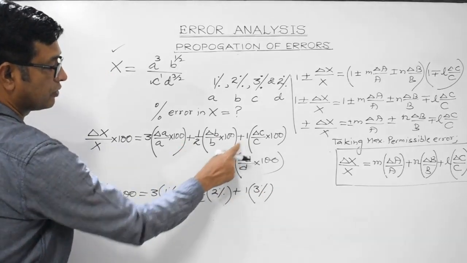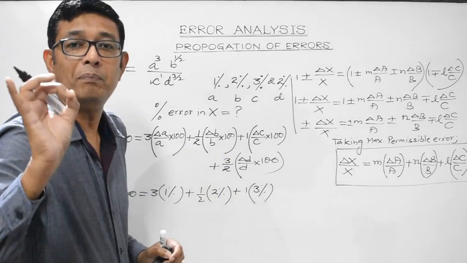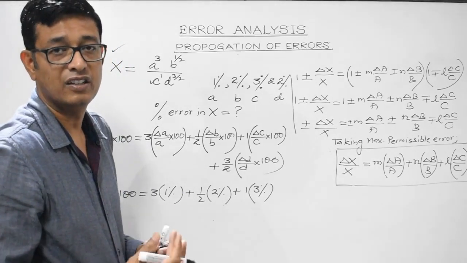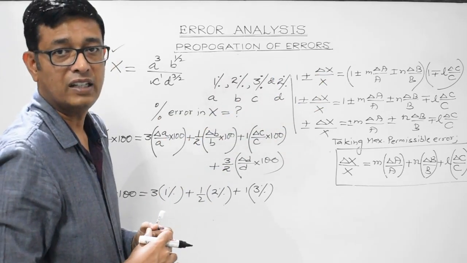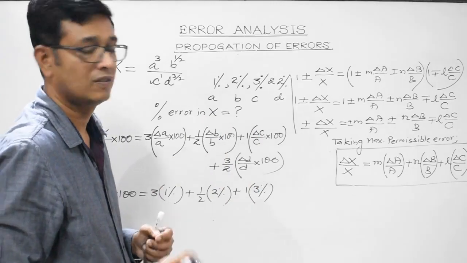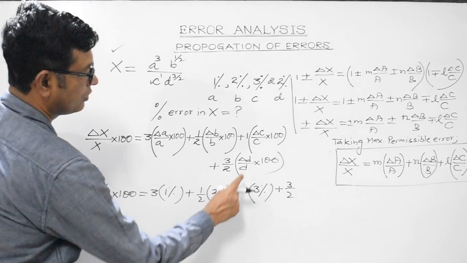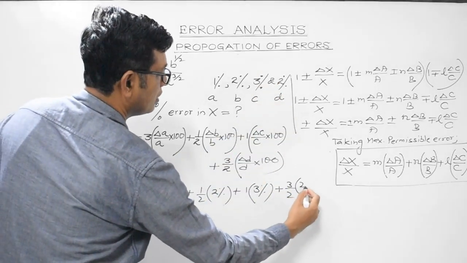Remember, only positive sign is to be considered because we always consider maximum permissible error. While measuring error, we always try to calculate the maximum error. Right? Maximum uncertainty in the measurement of the result. So, plus 3 by 2 times the maximum percent error in the measurement of D, that is 2%.